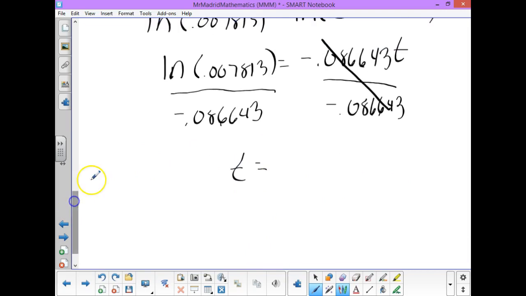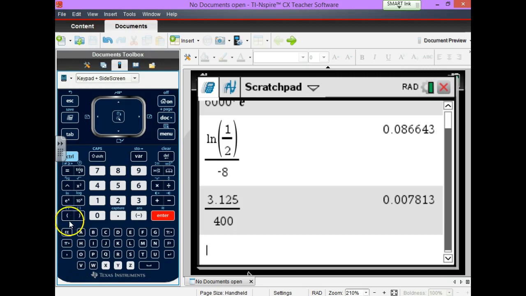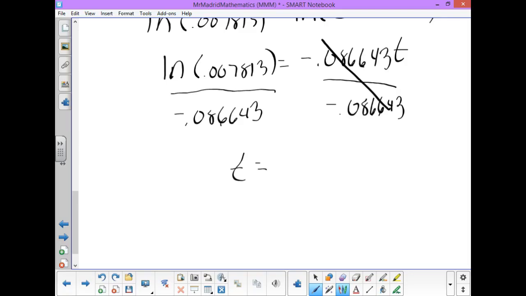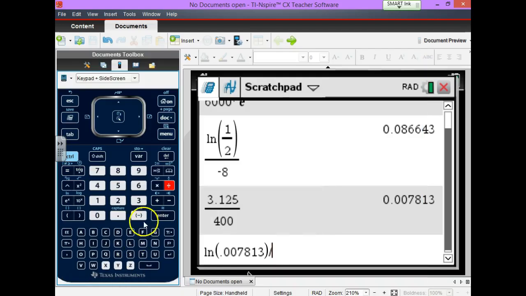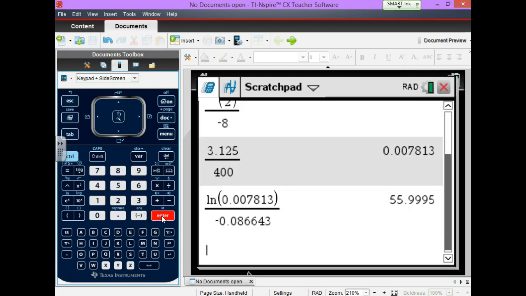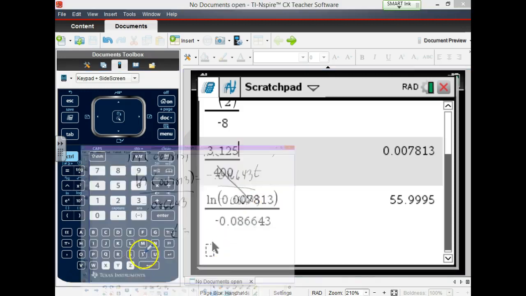So we have 0.007813 divided by 0.086643, and we're left with 55.9, which is roughly 56.